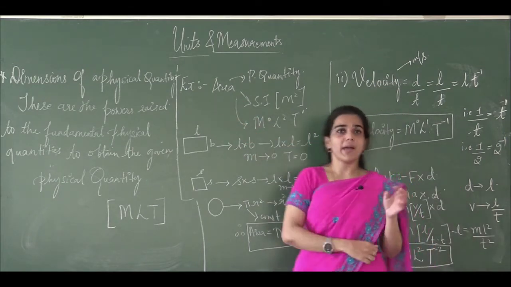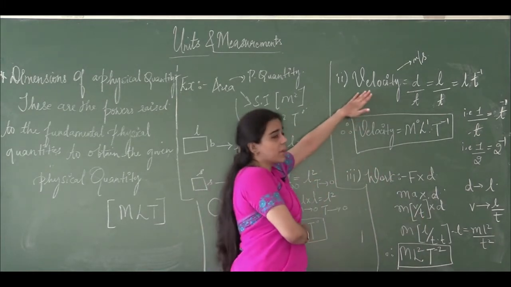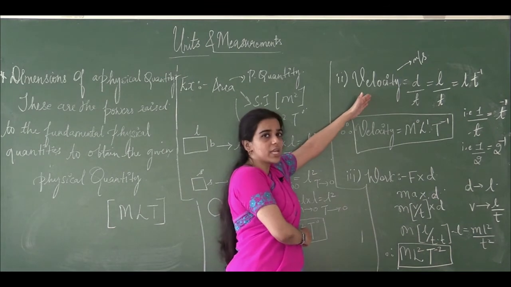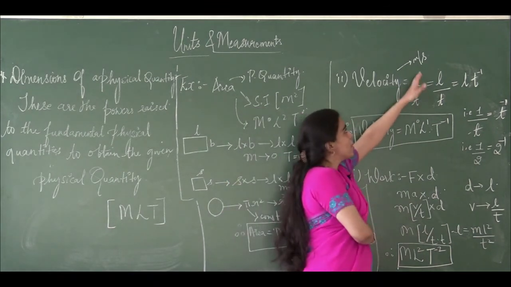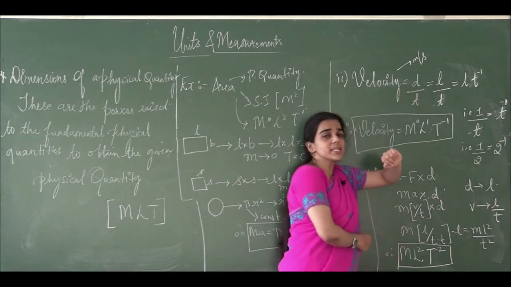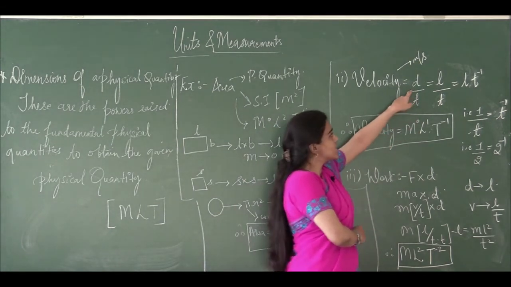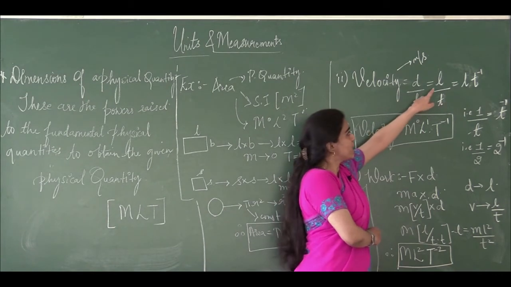In a similar manner, we have the dimensional formula for velocity, where we know the SI unit of velocity is meters per second, that is, it is represented by distance by time, where distance is again in terms of length.